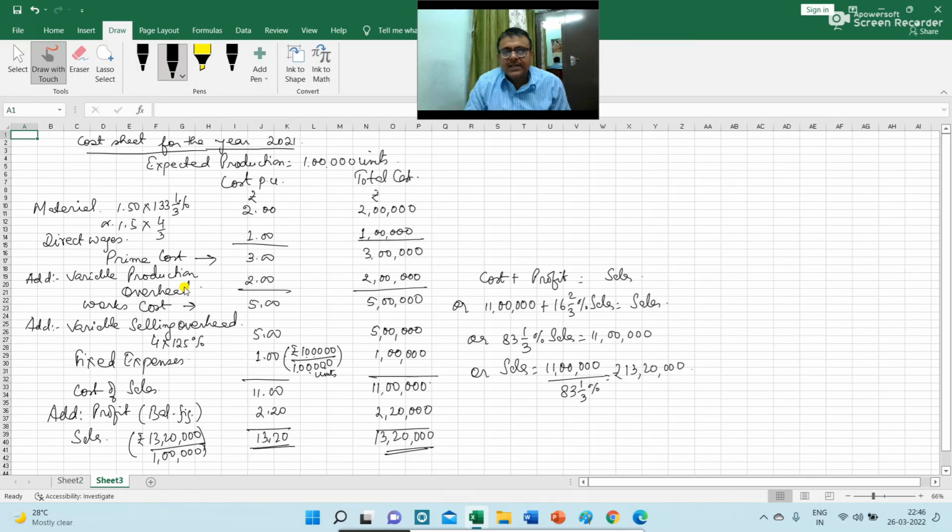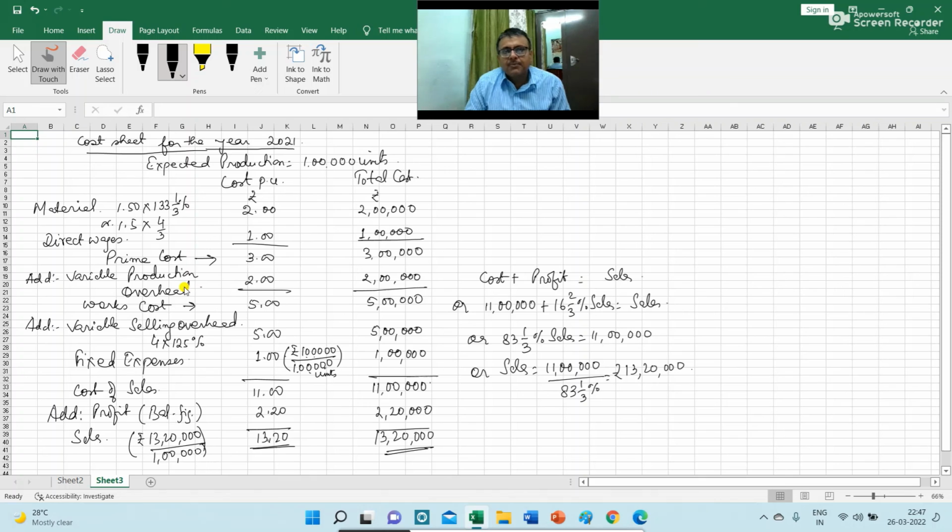And we have calculated the sales to be rupees 13 lakh 20,000, and the selling price per unit will be rupees 13 lakh 20,000 divided by 1 lakh, which is 13 rupees 20 paise. So the profit per unit will be the balancing figure, that is rupees 2.20, and the total expected profit is 2 lakh 20,000.